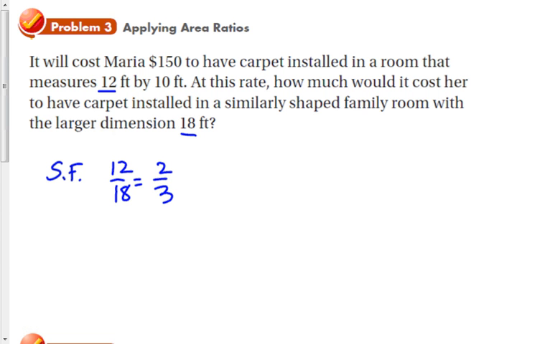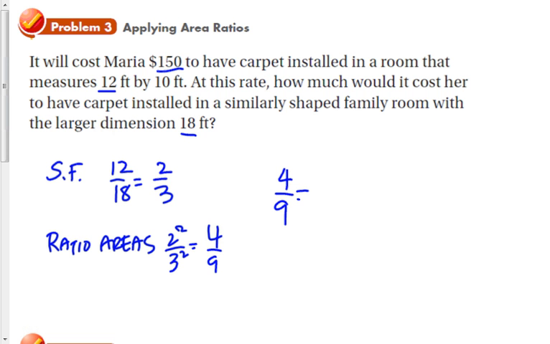Okay, so that means the ratio of the areas will be those numbers squared. So 2 squared over 3 squared, which is 4/9. And since carpeting is area, and we know it costs 150 for the smaller room, we can just write a proportion using the ratio of the areas and put the cost of the smaller room with 4 in your proportion.